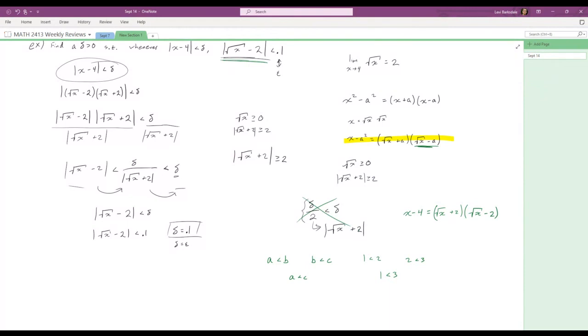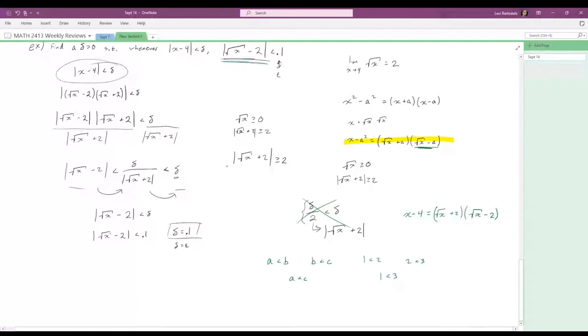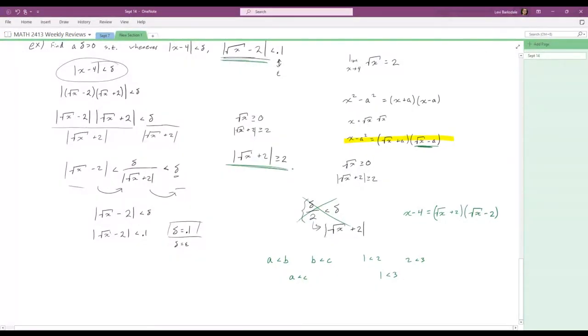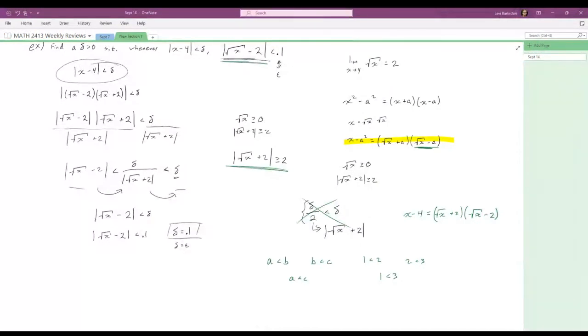The reason delta over the square root of x plus 2 is smaller than delta is because this is bigger than 2, so dividing by something bigger than 2 is going to make your original number smaller. Right. Delta divided by a number greater than 1 is actually smaller than delta.